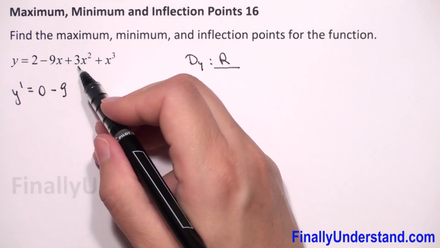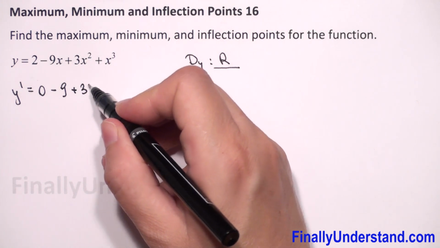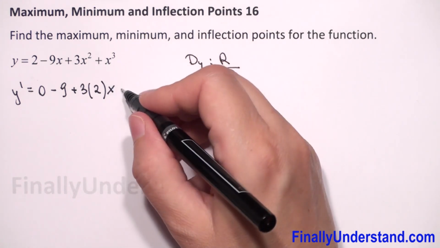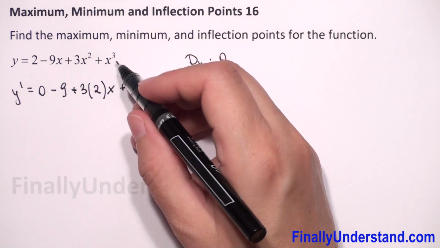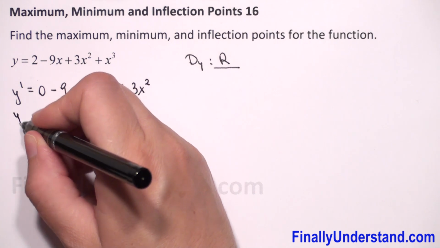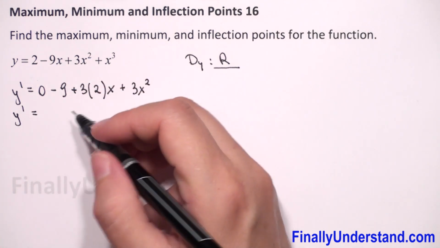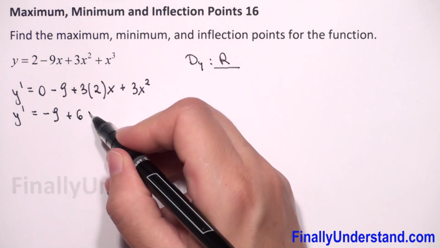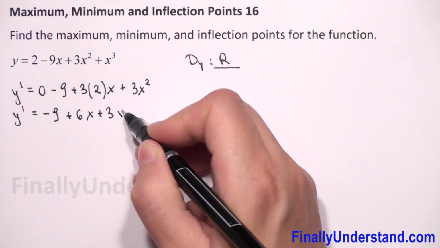The derivative of 3x squared is 3 times 2 times x. And the derivative of x to the third is 3x squared. So y prime is equal to negative 9 plus 6x plus 3x squared.